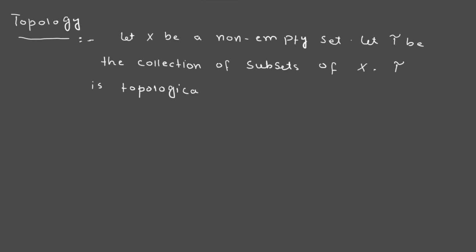Tau is a topology on X if the following axioms hold. And what are those axioms? But remember that first we are talking about tau being the collection of subsets of X.